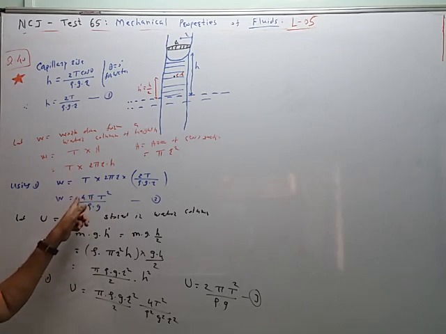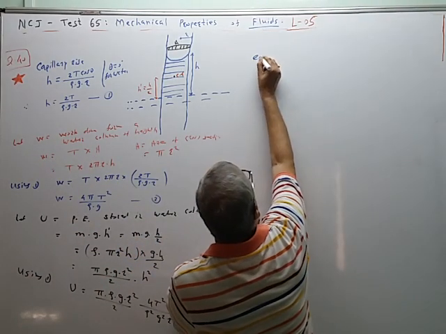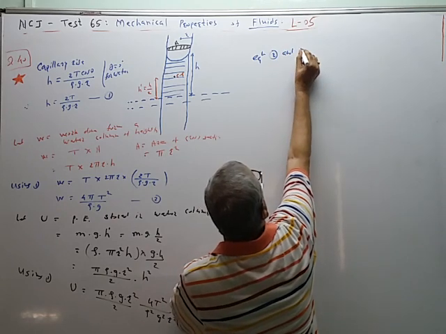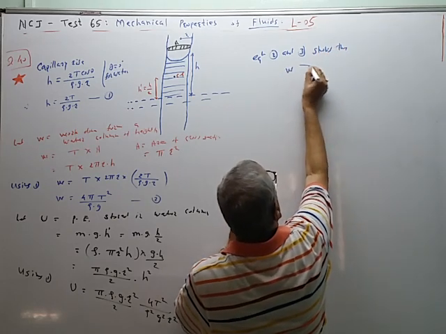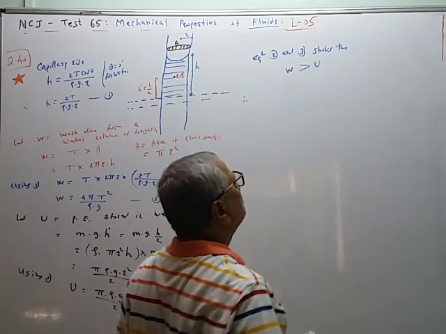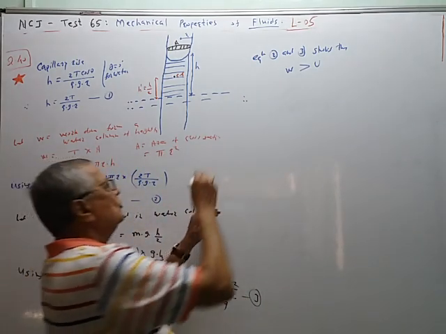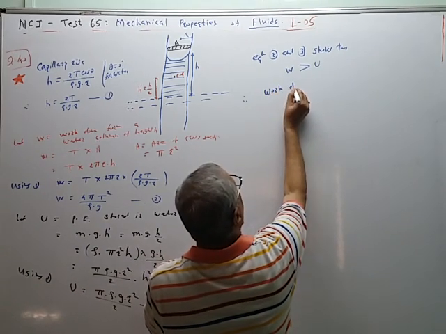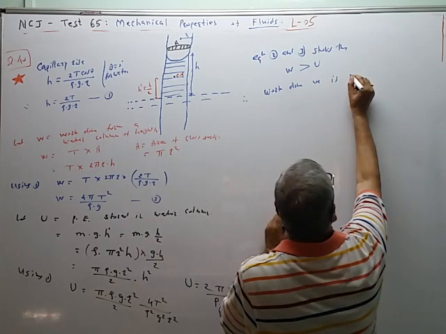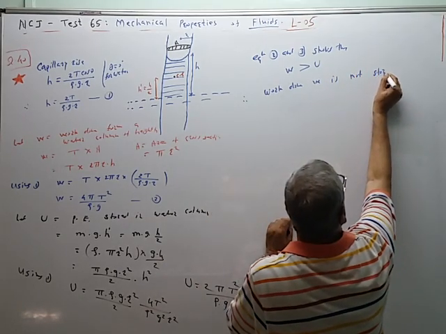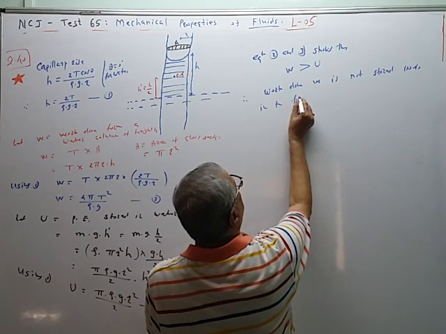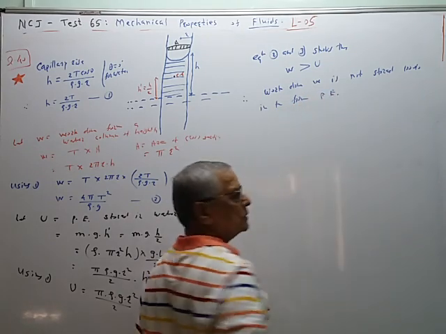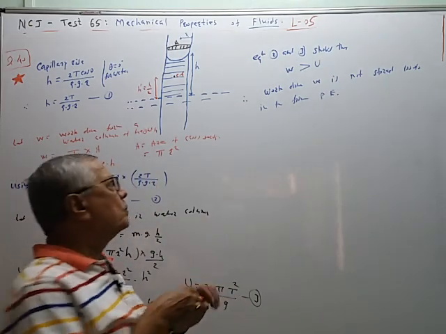So this much work is done on the water column and this much energy is stored. So see these two equations, equation 2 and 3 show that W is greater than U. Therefore, work done W is not stored 100% in the form of potential energy, and therefore this is the important point.